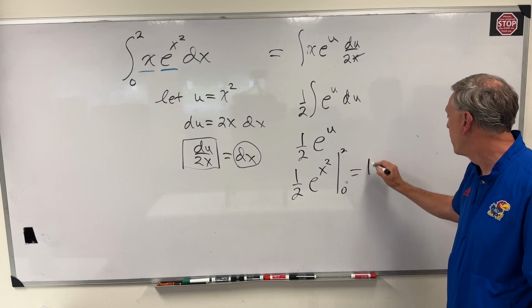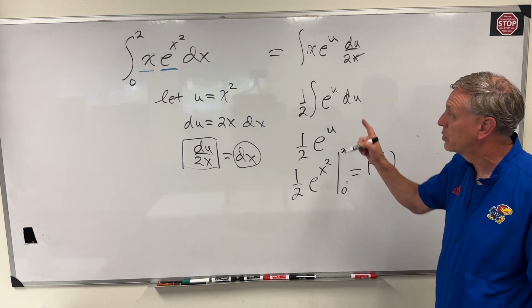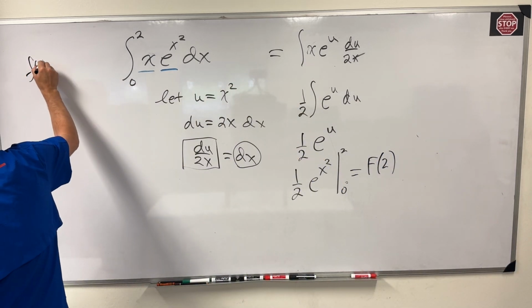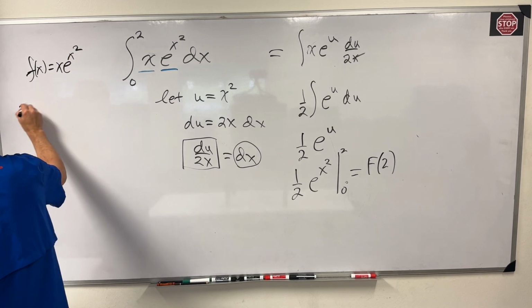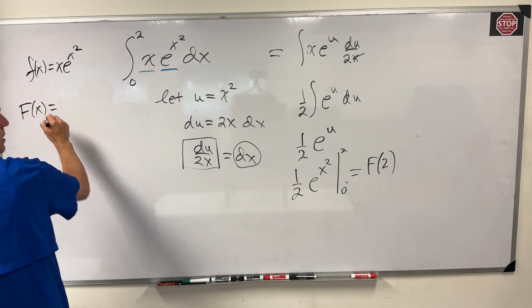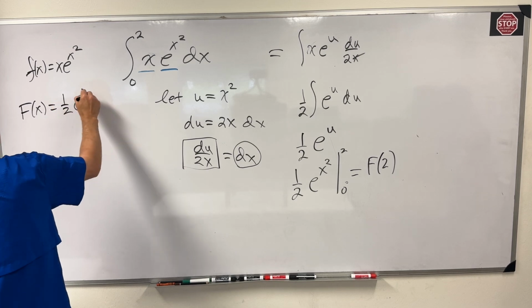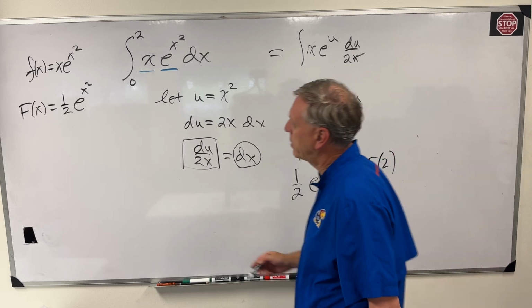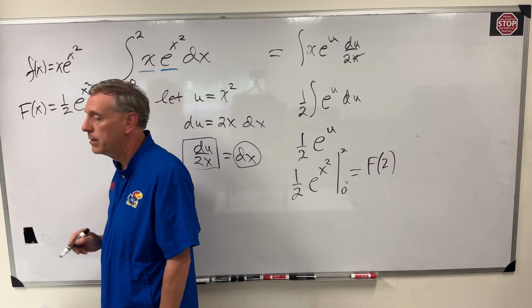And so we have, remember, capital F is the integral of small f. So this function, f of x, is equal to x e to the x squared. So capital F of x is, as we found, 1/2 e to the x squared. If I take the derivative of this capital F of x, I get this again, right?